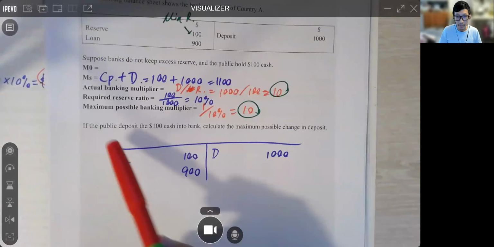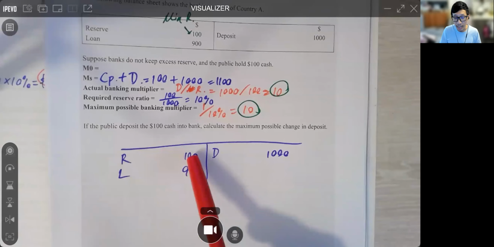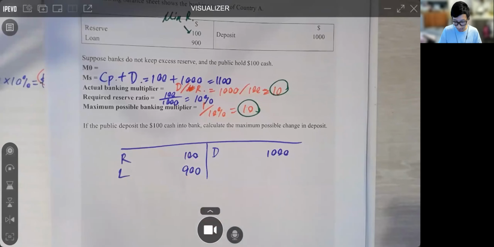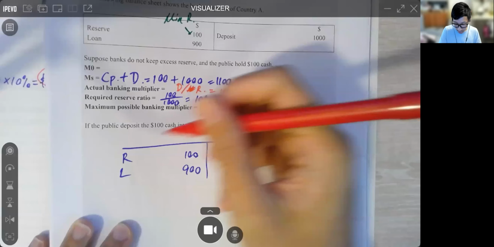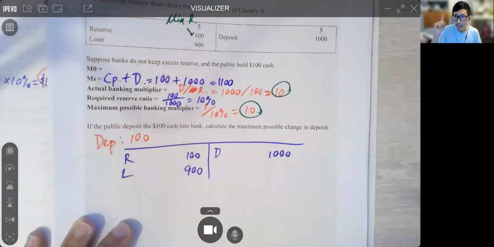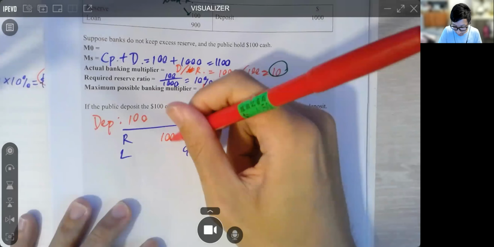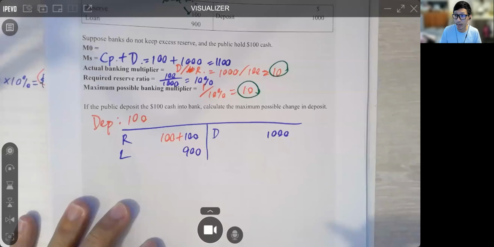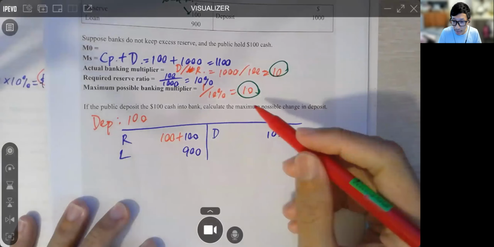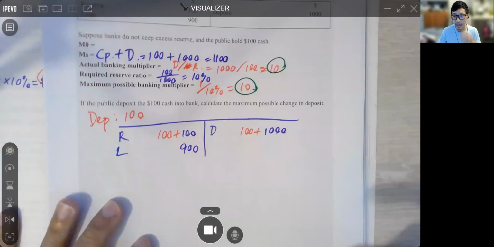Now the public deposit this money into bank. What happened? 記住啦 with a deposit of 100, immediately we know that reserve will become 200, right? And deposit immediately plus 100.